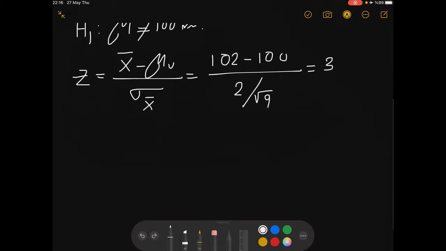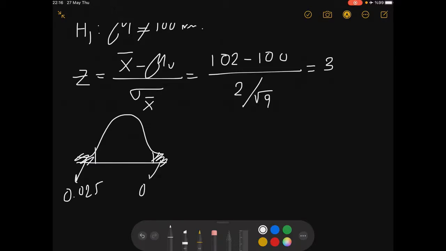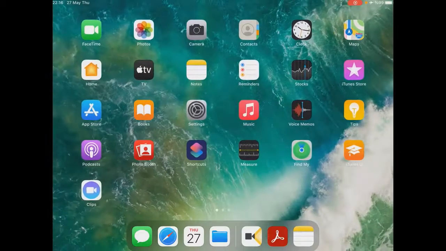And look at this, interesting values for 0.05 here, that should be 0.025, and that should be 0.025, right? And what are those values?